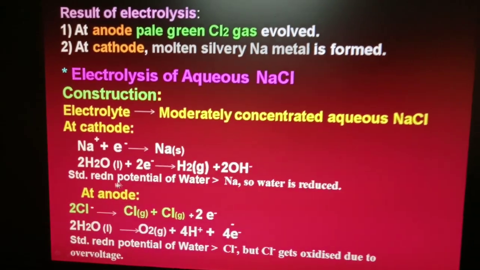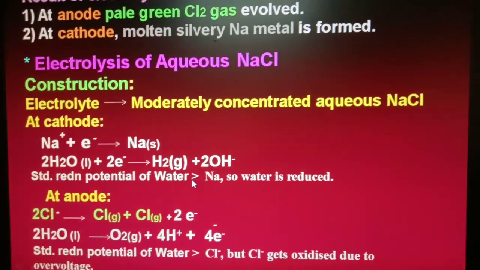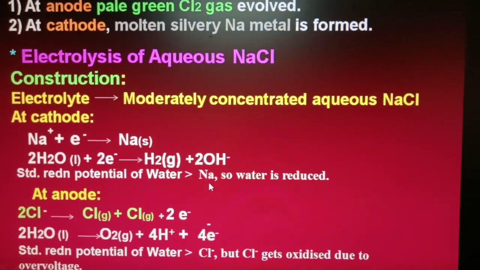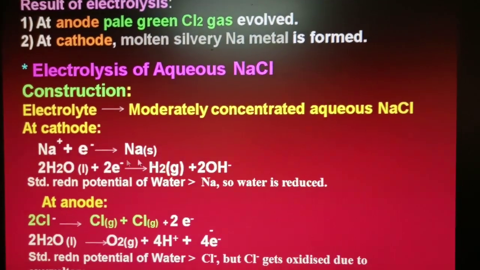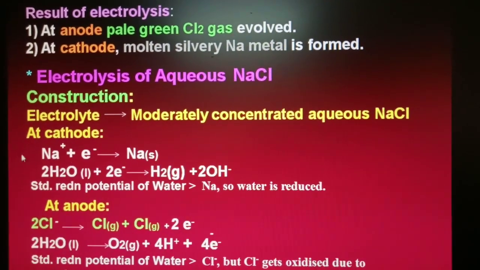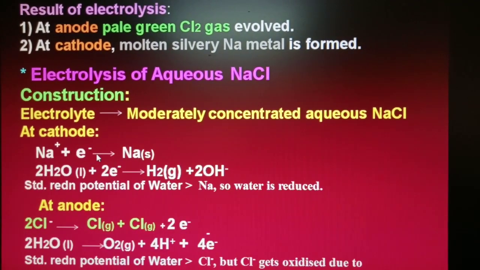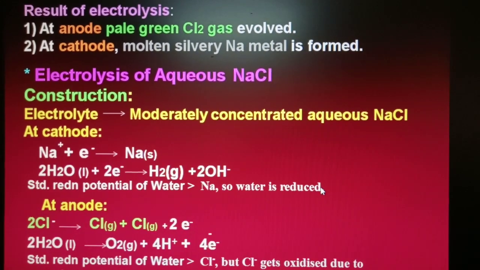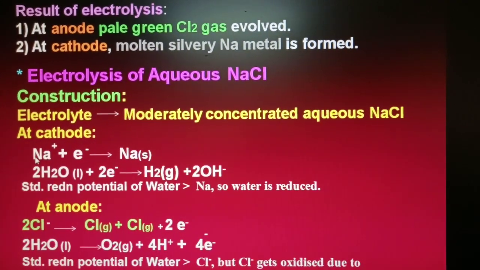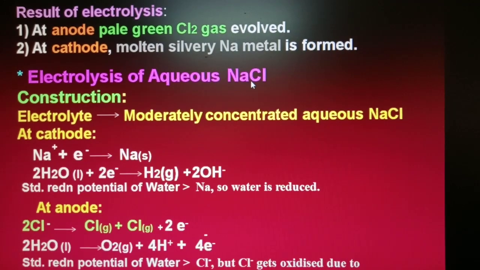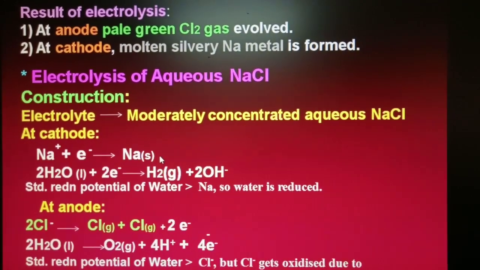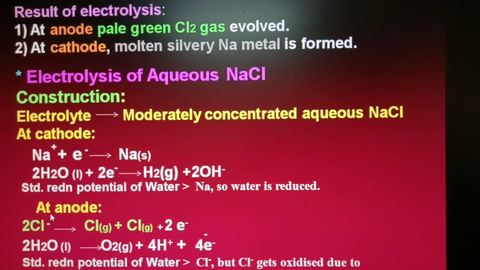But the standard reduction potential of water is higher than that of sodium. So although this reaction appears to happen, the second one will dominate the first one. So only water is reduced here. If you don't show the reaction of sodium for aqueous NaCl, it also doesn't matter.